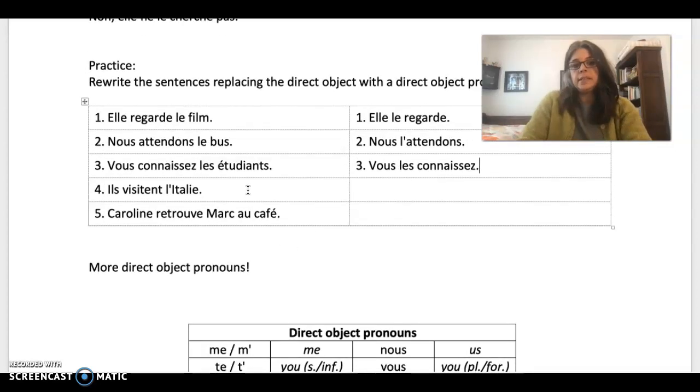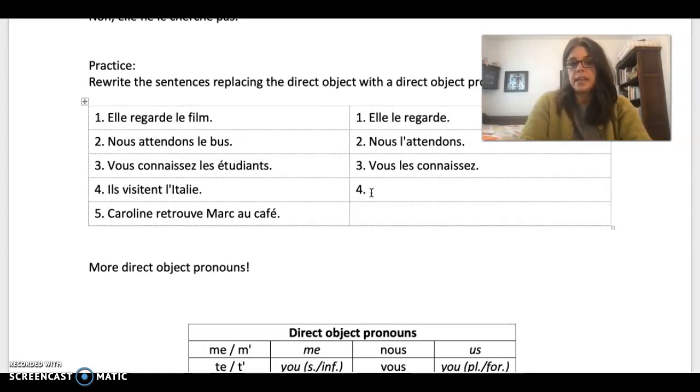Ils visitent l'Italie. They visit Italy. So we're going to say they visit it. So we're replacing l'Italie. L'Italie starts with a vowel, so we're not sure if it's masculine or feminine, but we learned how to say countries in this lesson, I think.